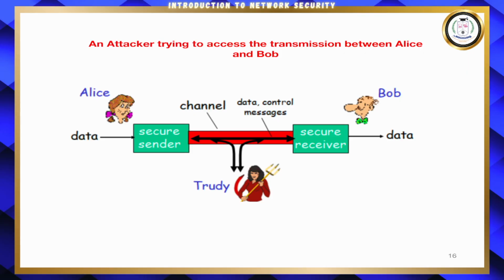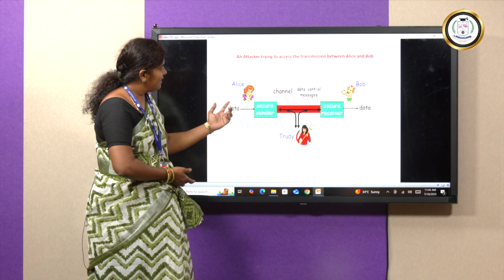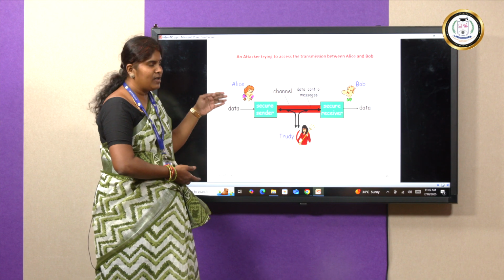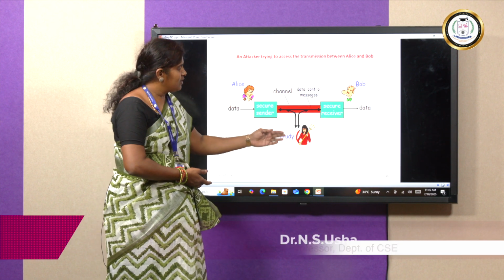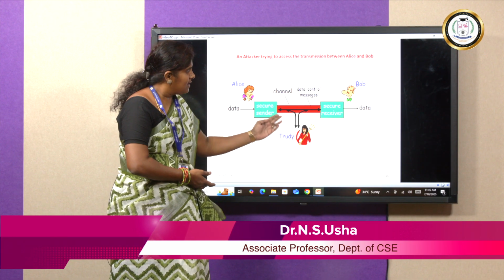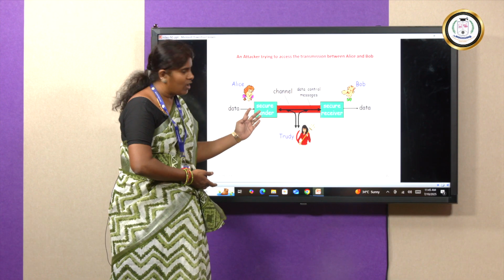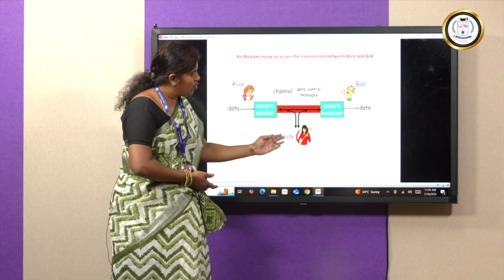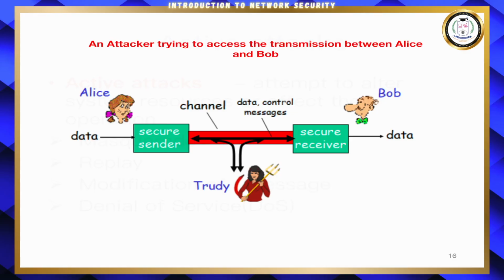So first one is like an attack, okay, a general attack where you have two persons, Alice, Bob. The Alice is going to send a message, okay, he is going to send a secure message. So there is a possibility of an attacker called Trudy. He may create a new path. He may take the message whatever sent by Alice. He may do modification and then send back to Bob.